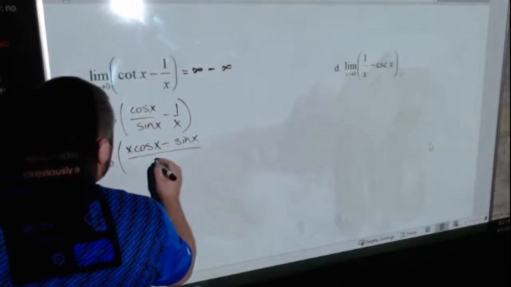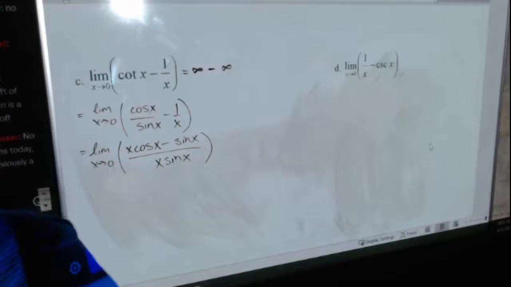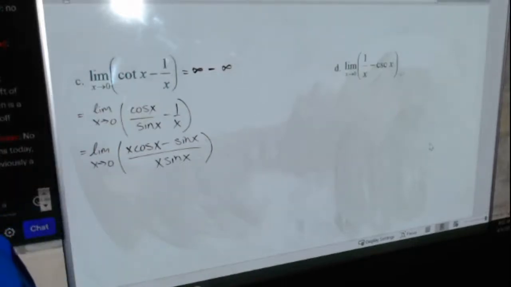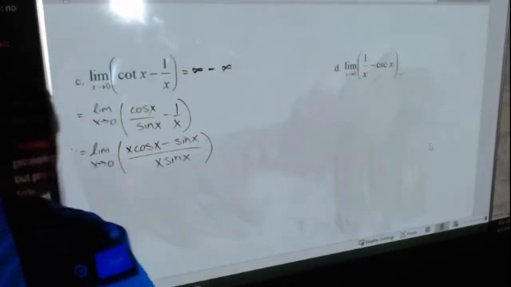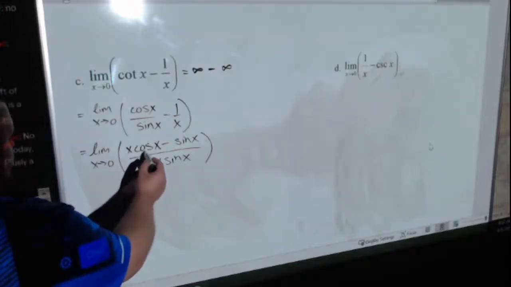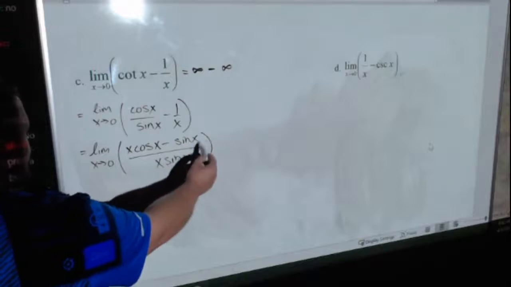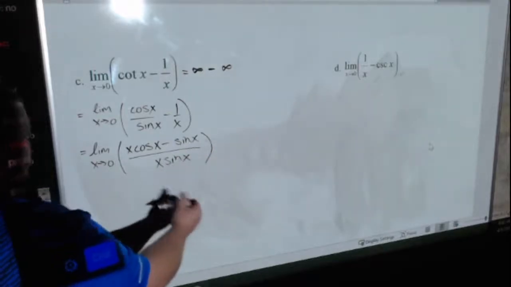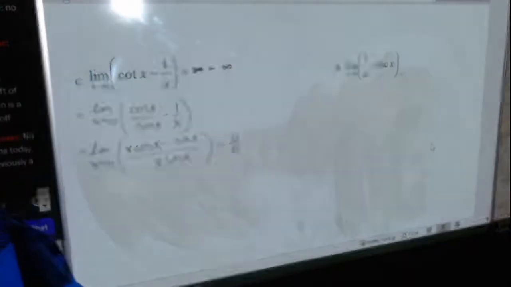And then on the bottom, my denominator will be x sine x. Plug in again. So this is going to be 0 times 1, so that whole thing's 0. That'll be 0, and this will be 0. So we get 0 over 0.